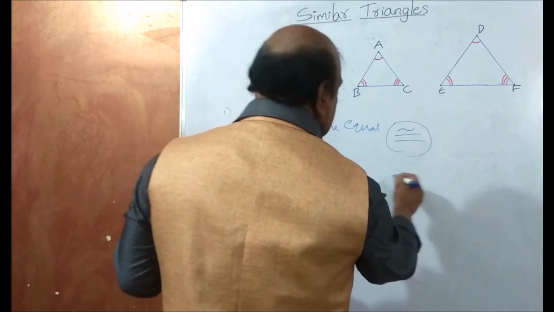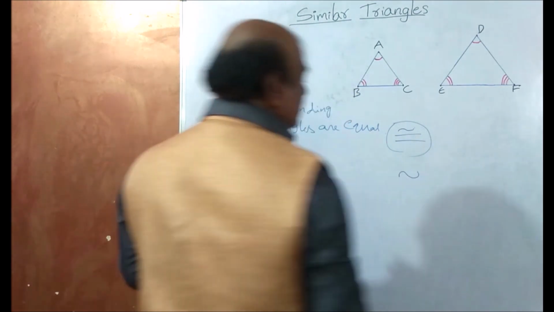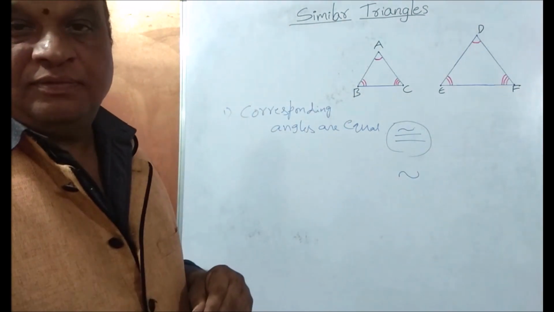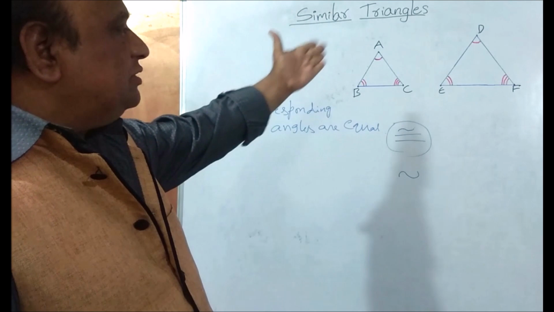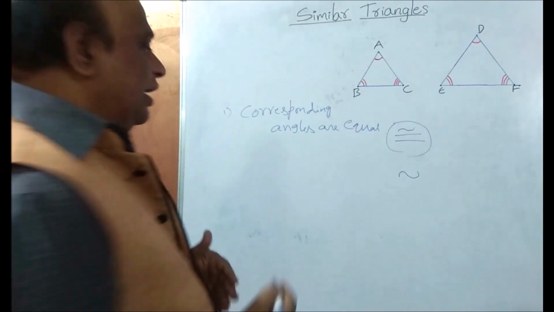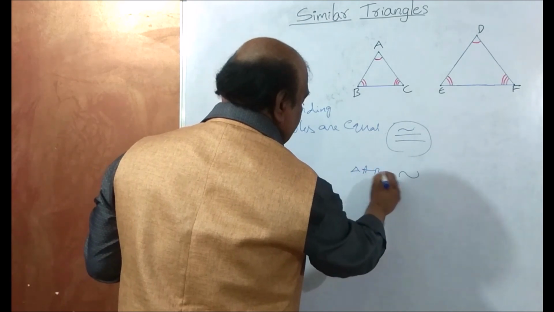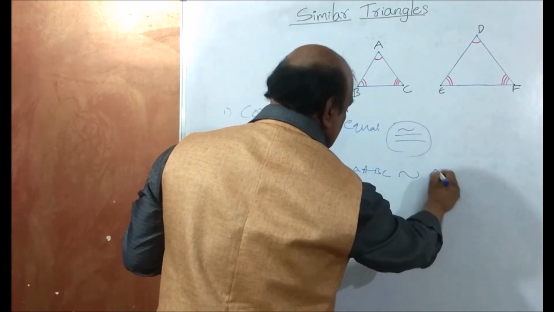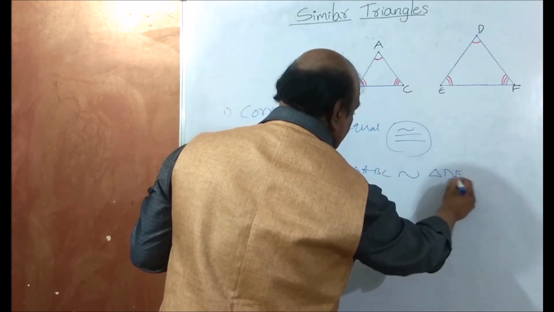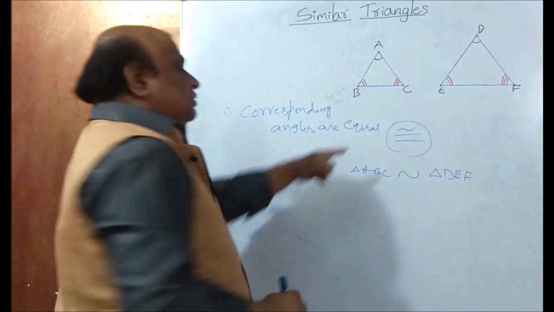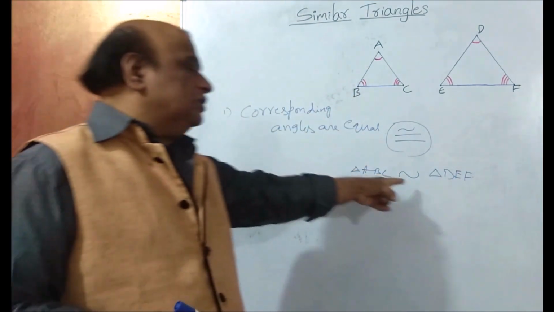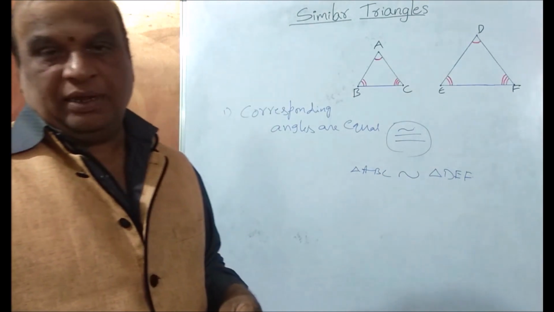So this is the symbol for similarity. Suppose ABC and DEF are similar triangles. We can write triangle ABC is similar to triangle DEF. This is the symbol for congruency. This is the symbol for similarity.